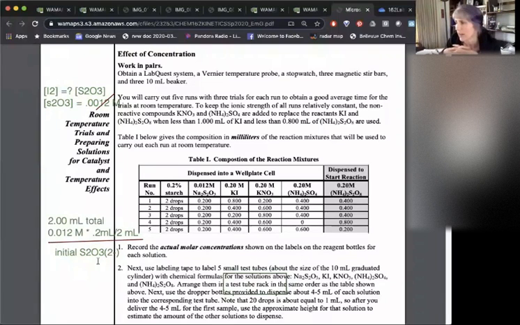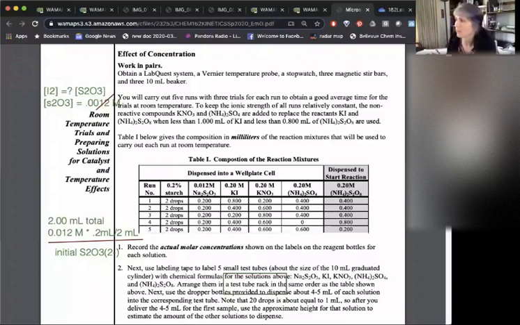So if we have 0.0012 molar thiosulfate to begin with, then we know the amount of iodine that got used up in that time. Iodine gets used up half as fast, so that's going to be 0.0006 molar iodine formed, right?